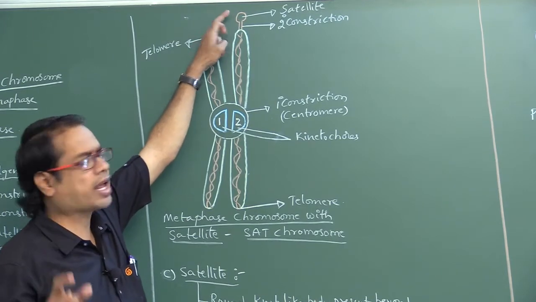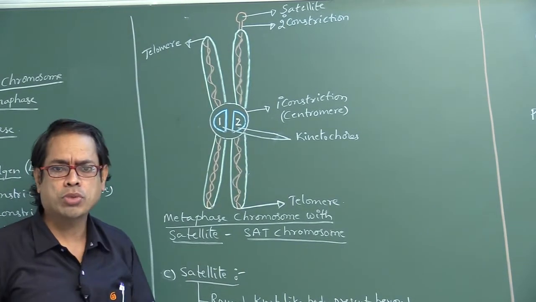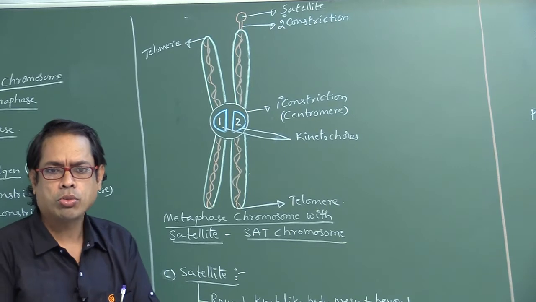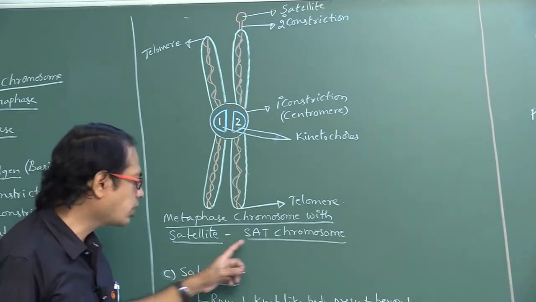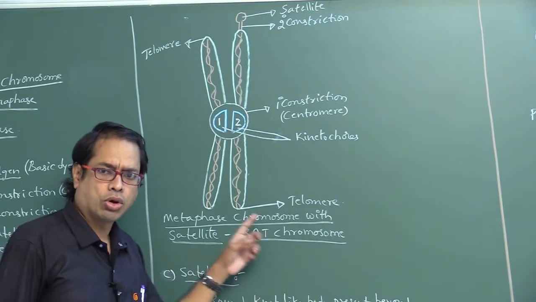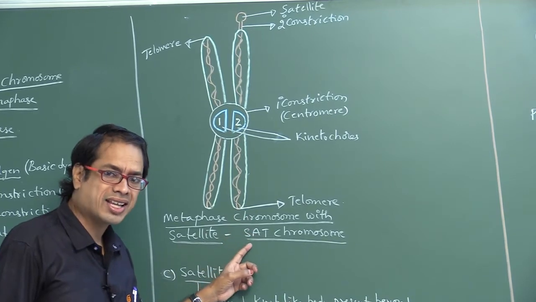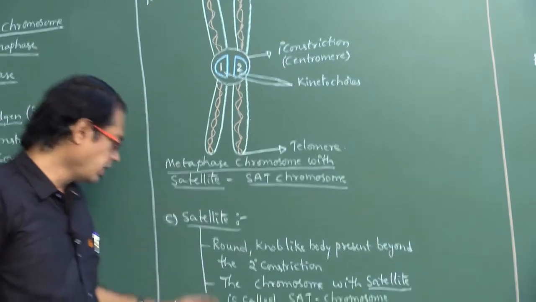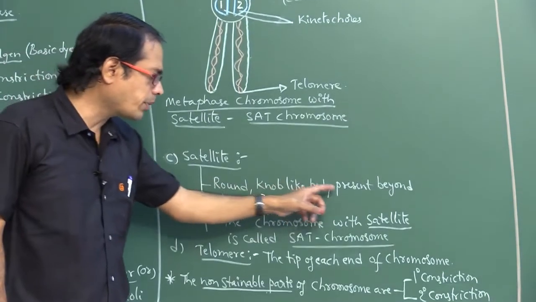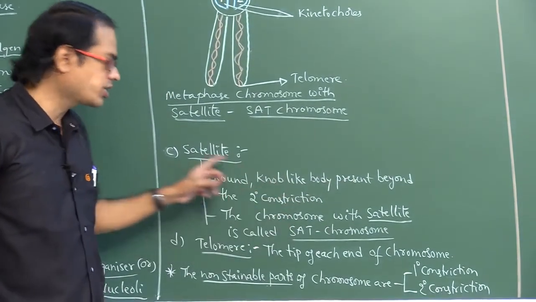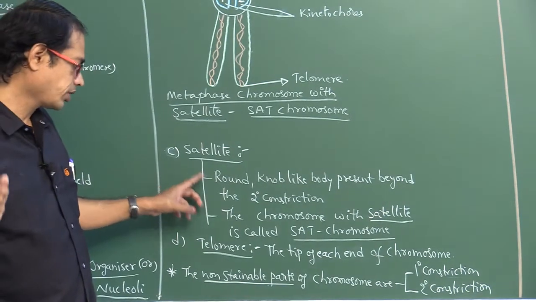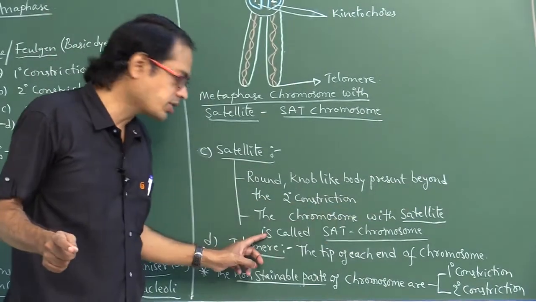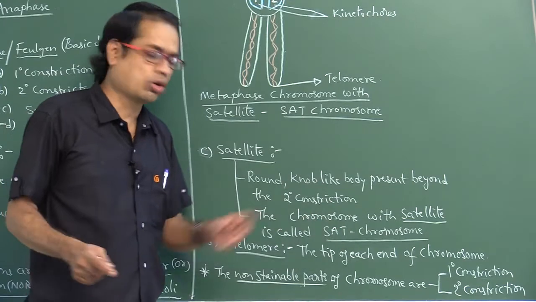Some chromosomes have a satellite, some are without. A chromosome with satellite is called a SAT chromosome, that is, a satellite-having chromosome.